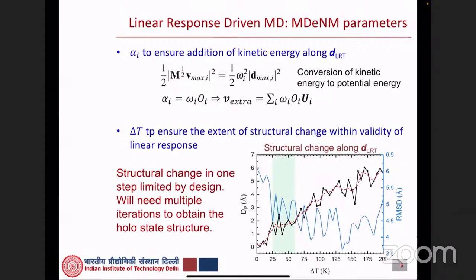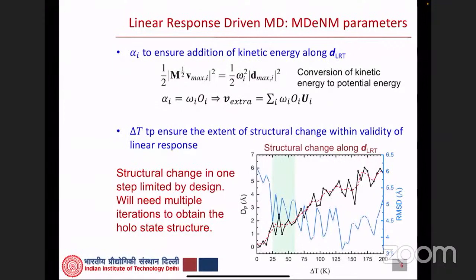In this sense, we are limiting the structural change in any one iteration of excited normal mode simulation by design. We make the structural change small, which clearly means that to obtain a large scale structural change, I need multiple iterations. So those are the two parts of this process. In each step, I choose alpha I and delta t to stay within the region of validity of linear response theory, and I make a structural change with high overlap with the response direction.